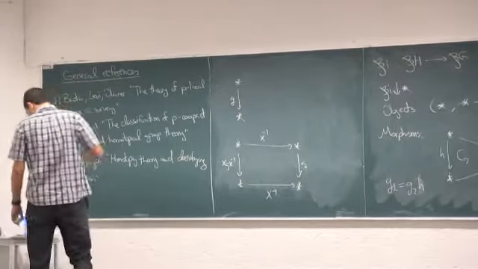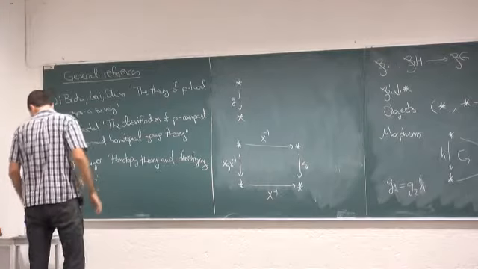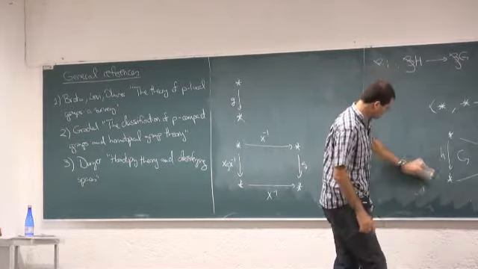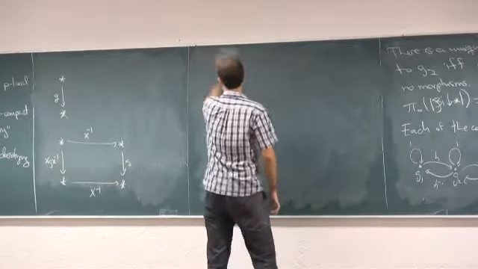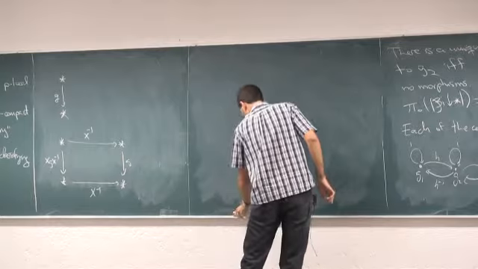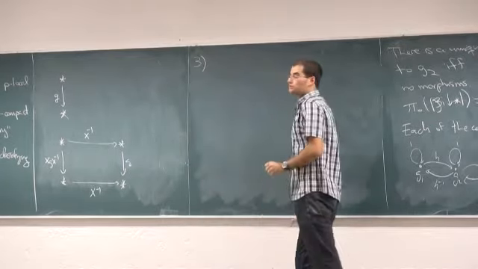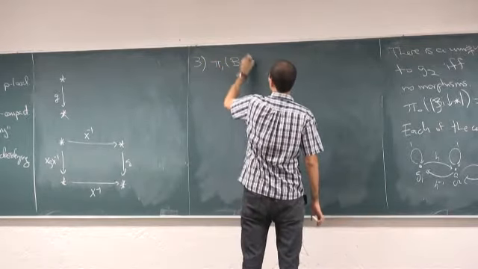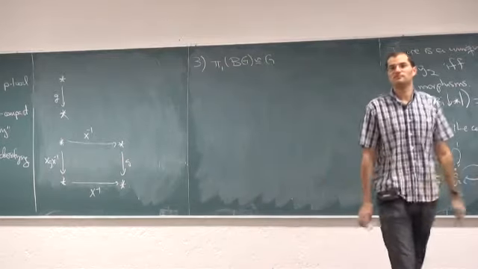Okay, what else do I want to say about this? Another thing that's not hard to show is that the fundamental group of BG is isomorphic to the group itself.